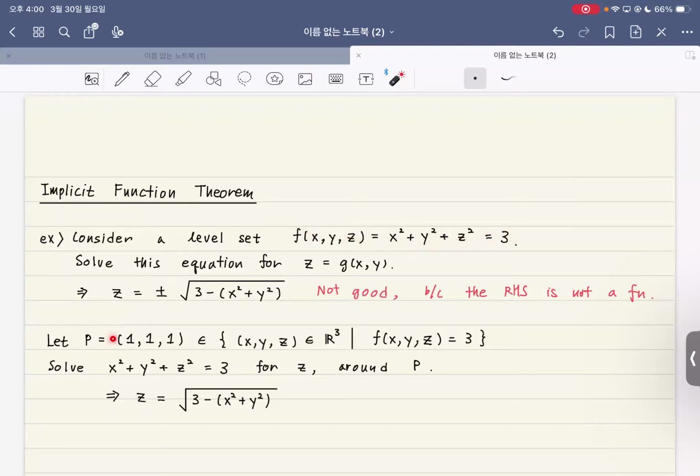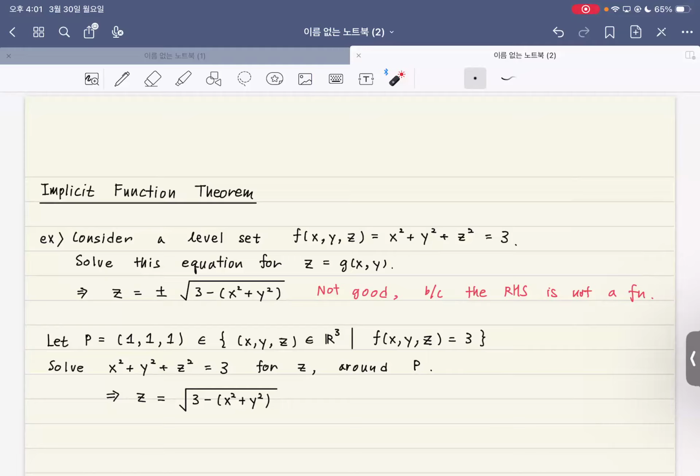So this point is in this level set. Instead of naively solving this equation for z, now I want to solve the same equation for z, but around this point. What do I mean by this?